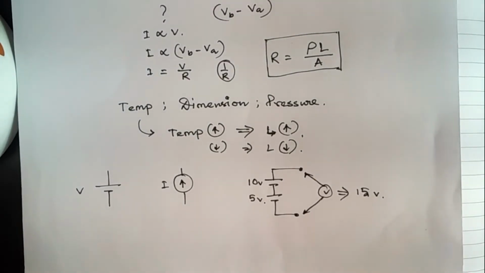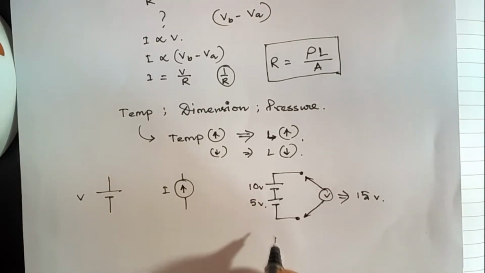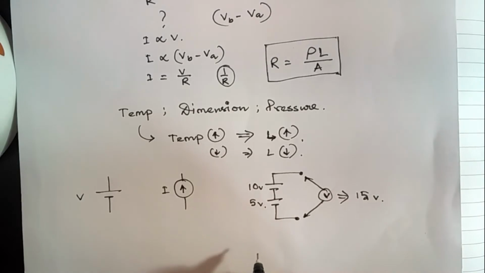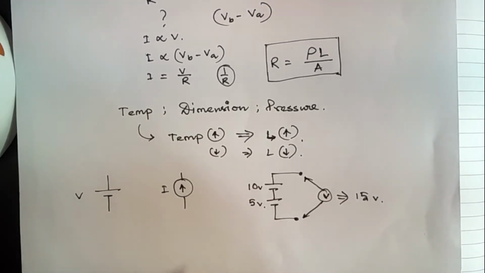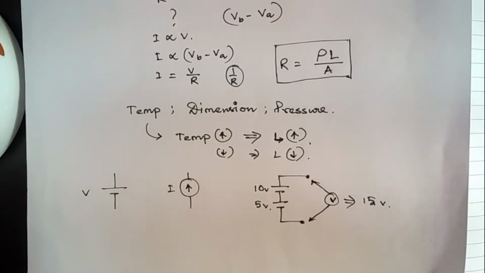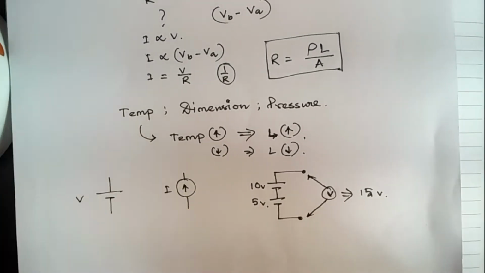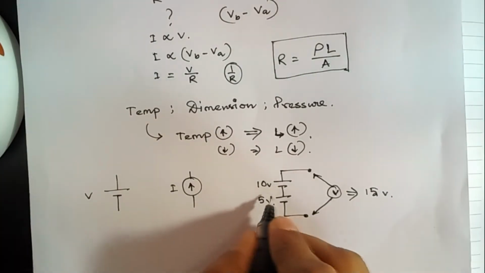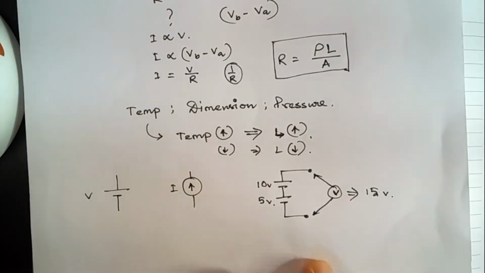So if we connect two batteries in series, then the voltage will be the arithmetic summation of the values of the two batteries.